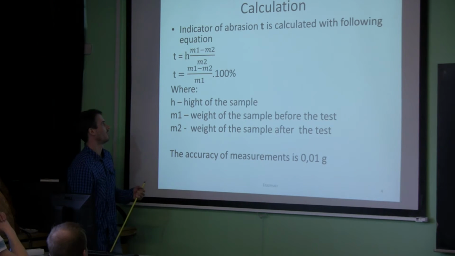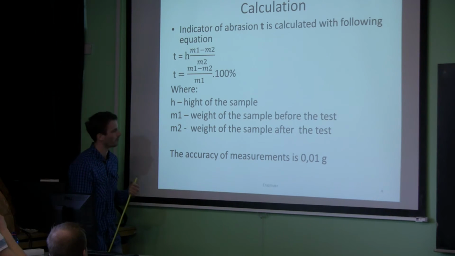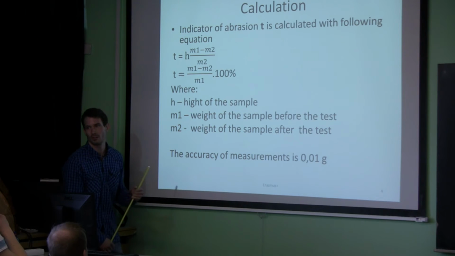And this is divided by the weight at the beginning. So we can see the meanings of the symbols. And we measure with an accuracy of 0.05 grams. So that's probably all for this test, I would say.